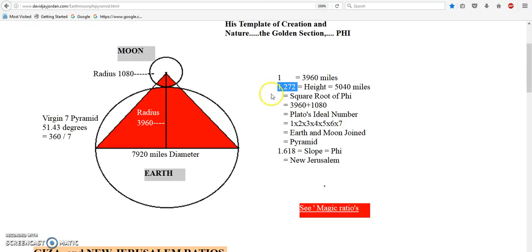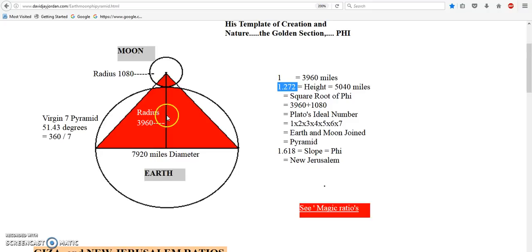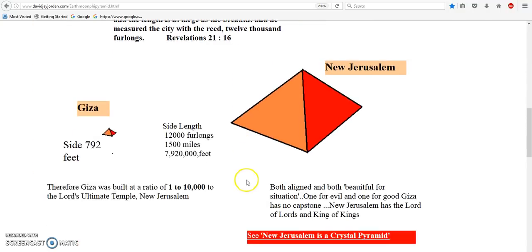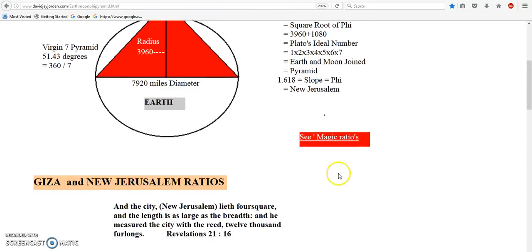And 127 is the ratio of the height versus the diameter of the earth and the moon put together for the height, and the diameter, or half the diameter of the earth, makes the ratio 127 or 1.27 infinitely, which rounds out to 127.